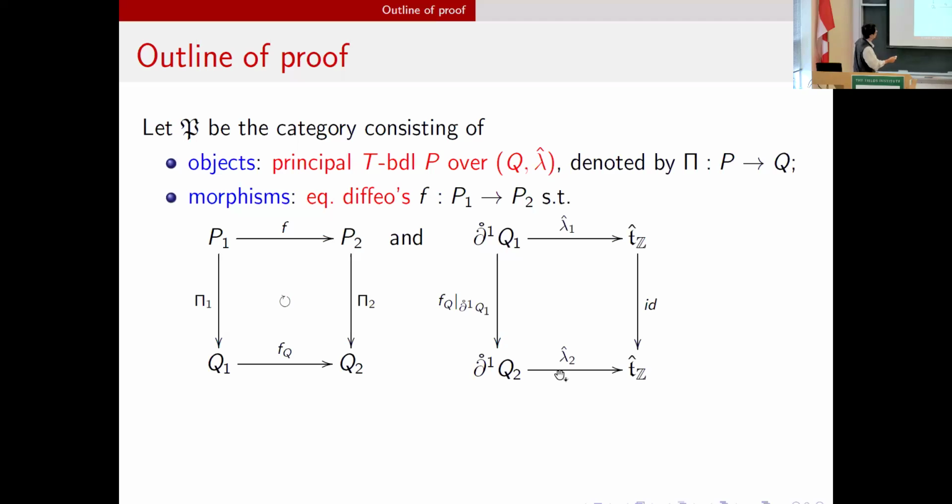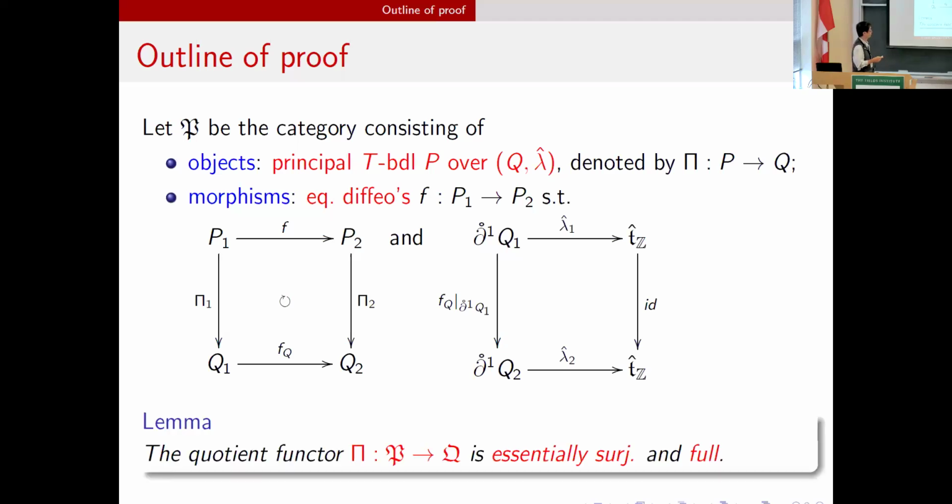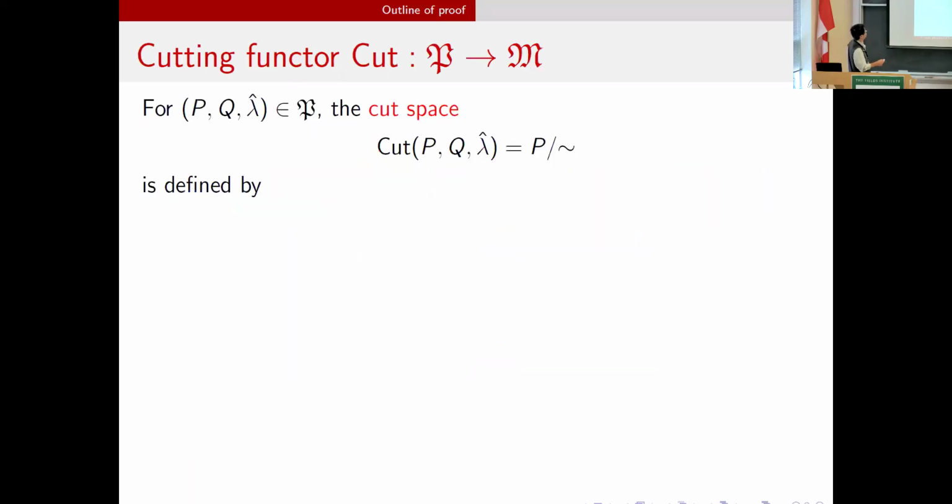Then this is a morphism of this category, and actually this is not so difficult. We say that this quotient is a quotient functor. Actually, this becomes a functor, and moreover this functor is essentially surjective and full. So this is the first result.